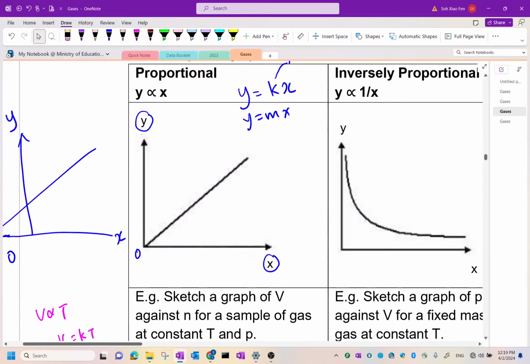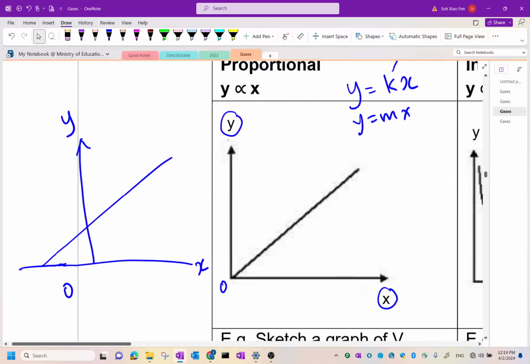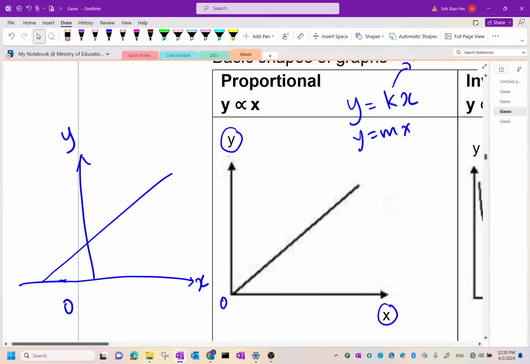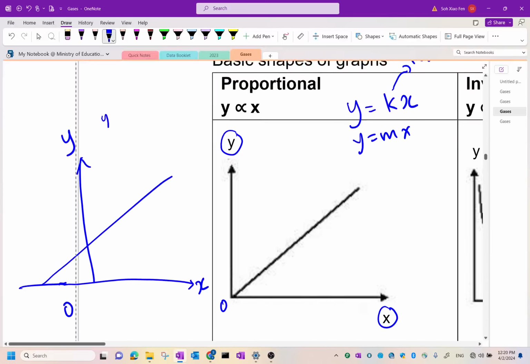Can? I would like you all to take this down as well. We have another graph where y is proportional to x also, but this one looks more like a y equals kx plus c graph, or y equals mx plus c graph.